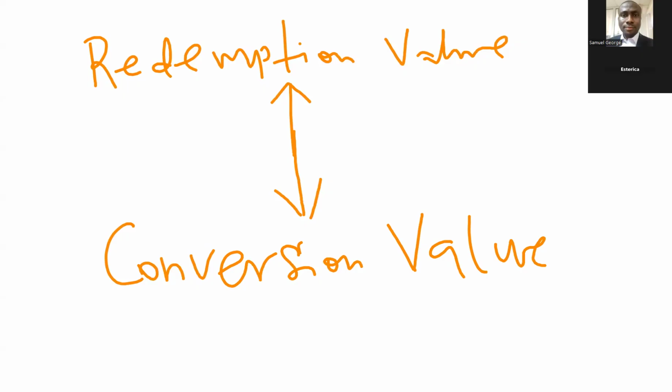This is applicable when we are facing convertible debt. The ideal thing is to use the higher of the two, the higher of redemption value or conversion value. If conversion value is higher, use that. If redemption value is higher, use that.